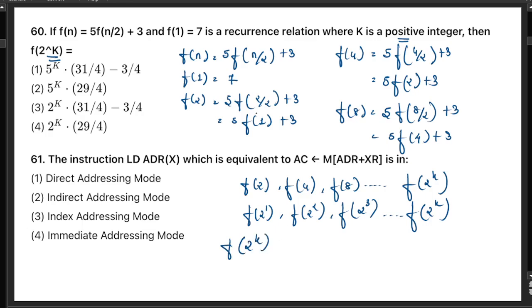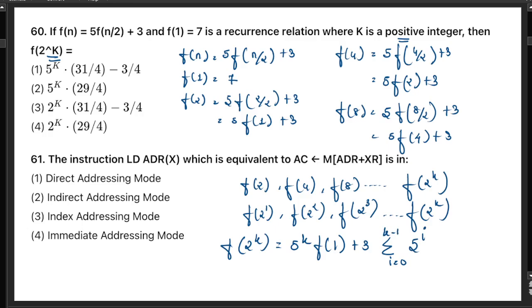So here the answer comes like this: f(2^k) equals 5^k f(1) plus 3 times the summation of i equals 0 to k minus 1 of 5^i.